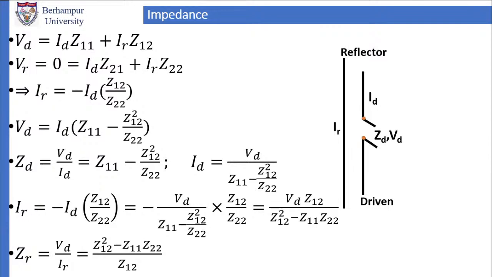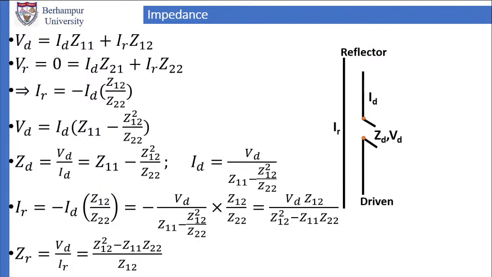Now what will be IR? IR will be minus Id into Z12 by Z22. Id we have found out, so this will be minus Vd by Z11 minus Z12 square by Z22, into Z12 by Z22. That you can write as Vd into Z12 divided by Z12 square minus Z11 into Z22. This is very simple, just algebraic manipulation.